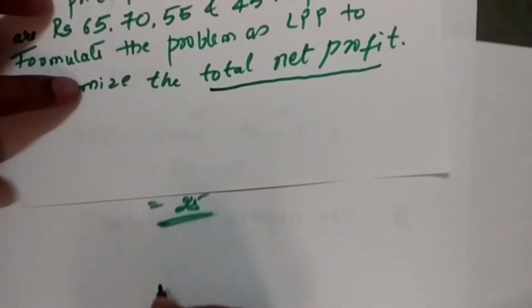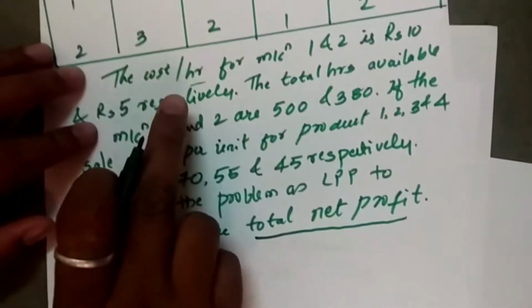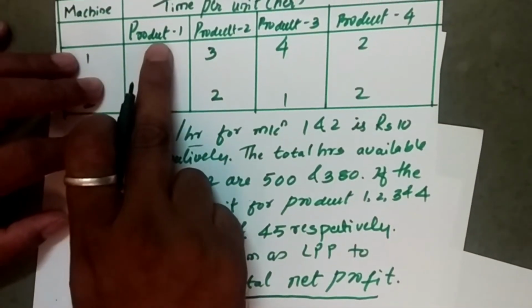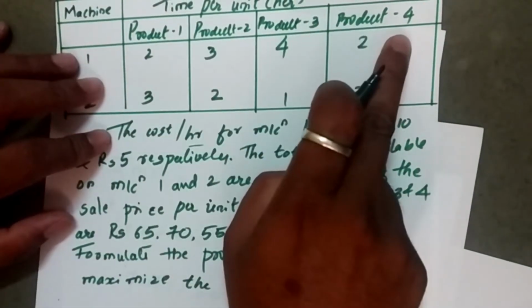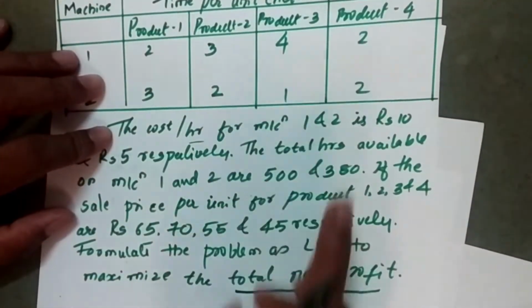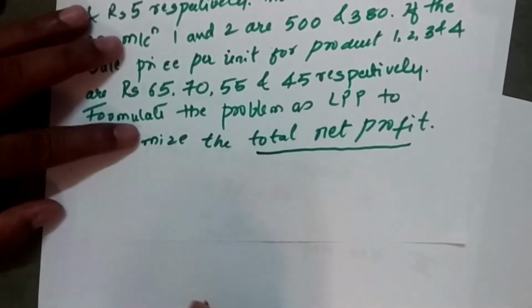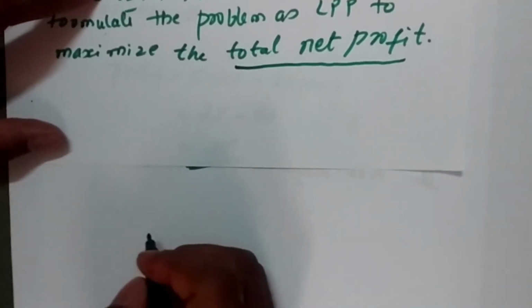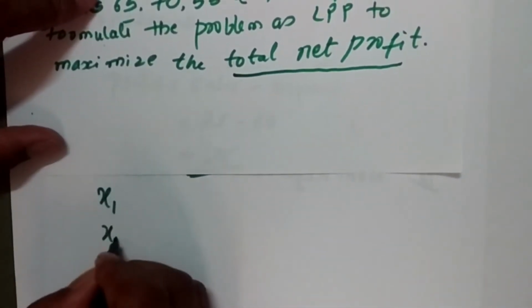Let us know what the sales and what the expenditure are. How many products do we have here? We have 4 products: 1, 2, 3, 4. My total variables will be 4 variables. First we'll define the variables x1, x2, x3 and x4.